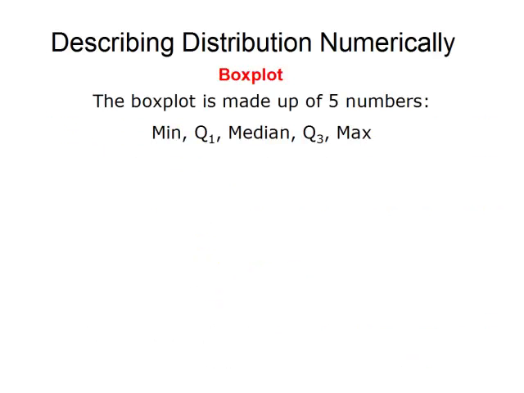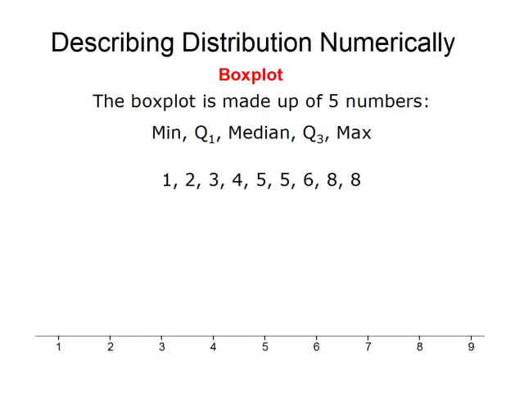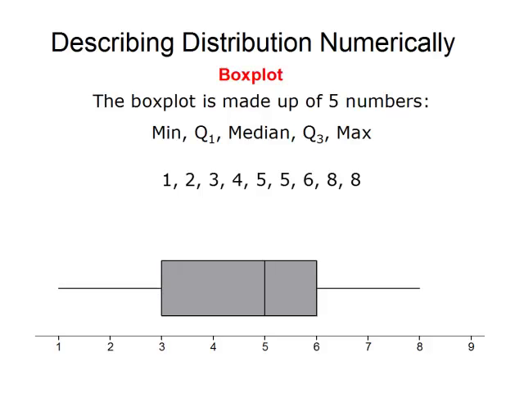From this, we can look at another graph, which is called a box plot. The box plot is made up of 5 numbers: the min, the Q1, the median, the Q3, and the max. So taking our data, again putting it in ascending order, we're going to graph the 5 numbers.